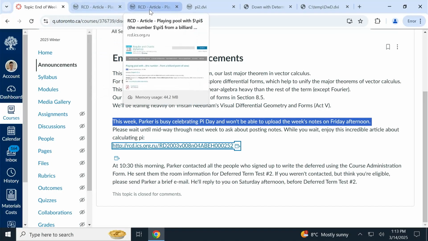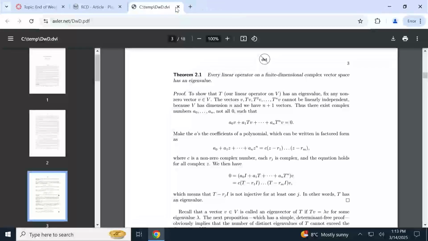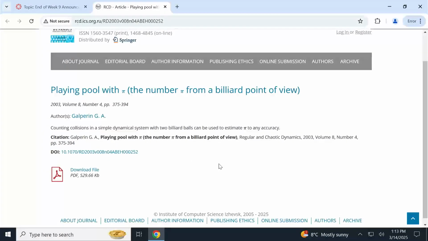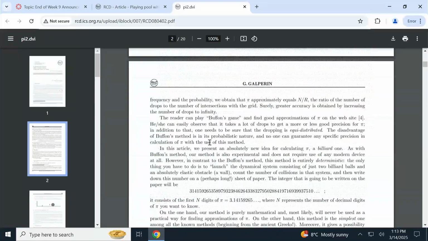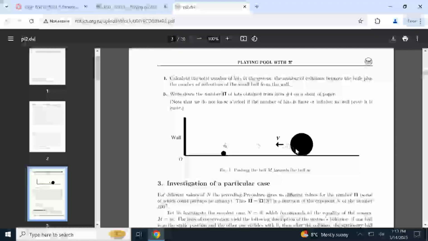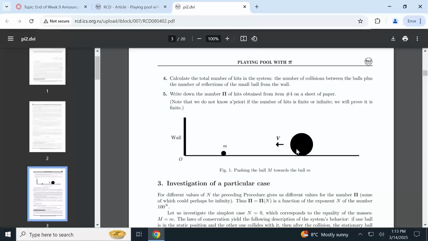While you wait, there's an absolutely banging article about how to calculate pi with physics. Very recent article, 2003, which shows that you can calculate pi by having a very big ball, of mass big M, pushed towards a little ball of mass little m.